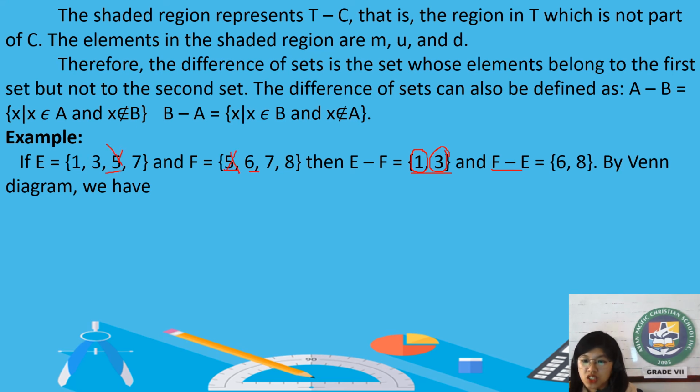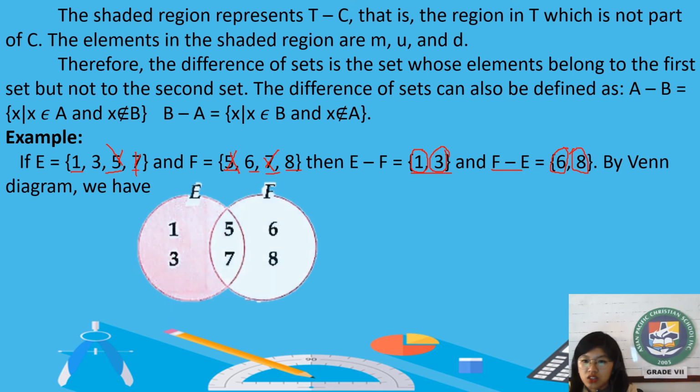Next, we have 6 here, and there is no 6 in the elements of set E, so we will put 6 here. Next, we have 7, and we also have 7 in set E, so we will not include it. Then, last one, we have the element 8. It is not in set E, so we will include it. So, that's all.